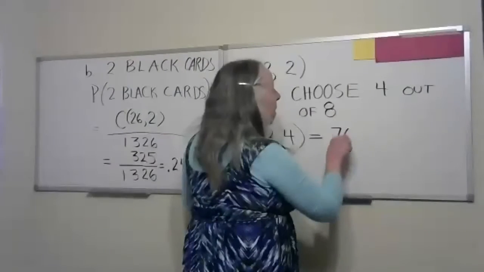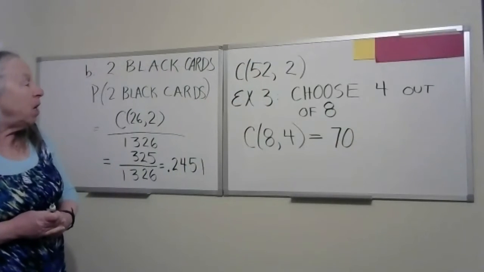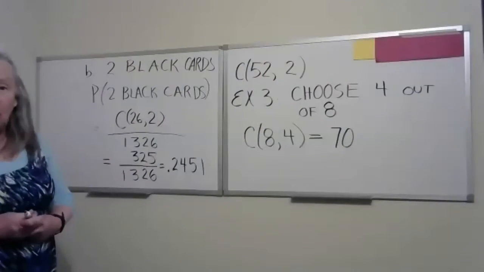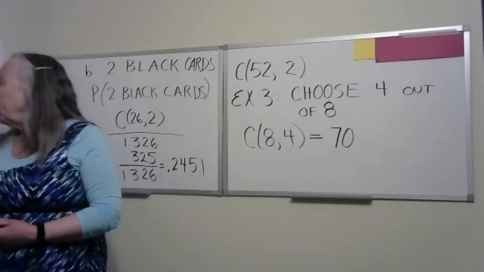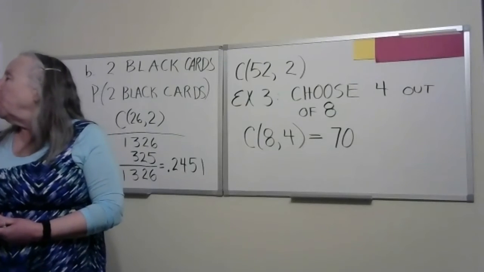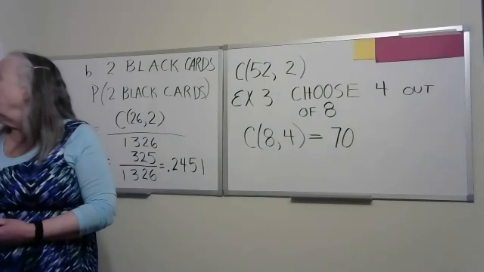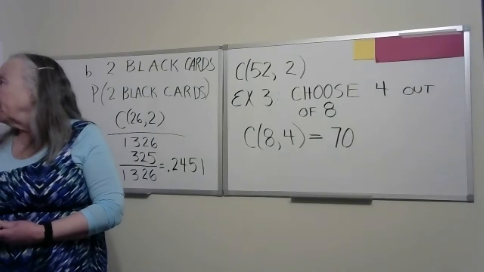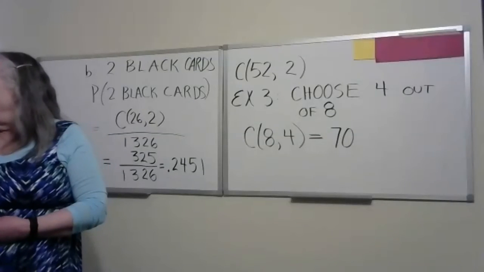So 70 is going to be in the denominator of each of our probabilities. Question on that before we go on? Okay, so 2 of the marbles are red and 2 are green. So let's think about that.